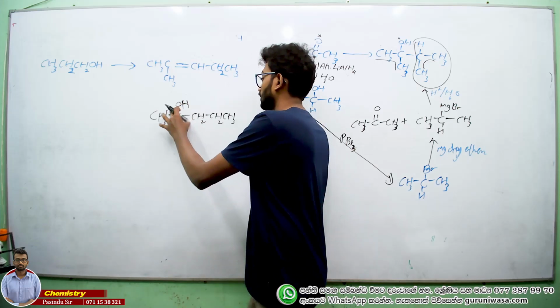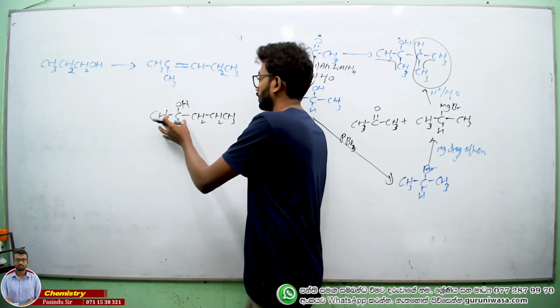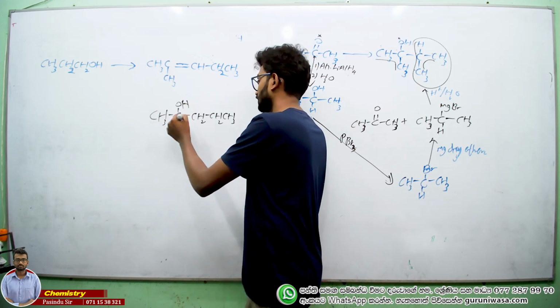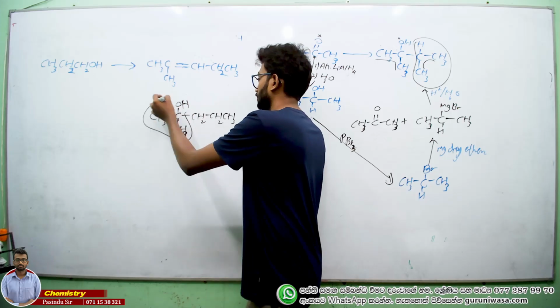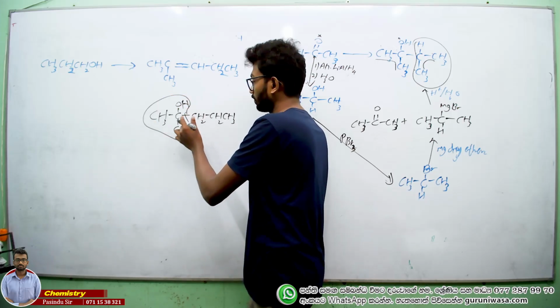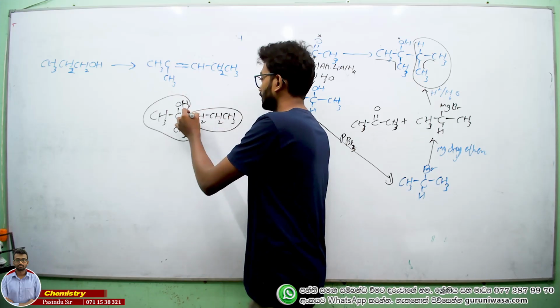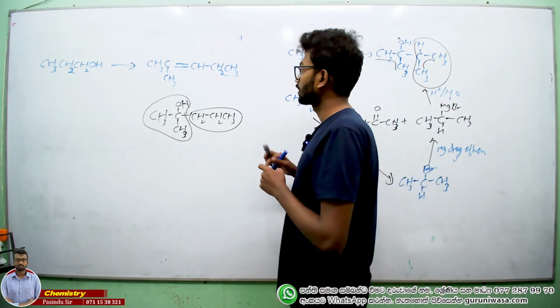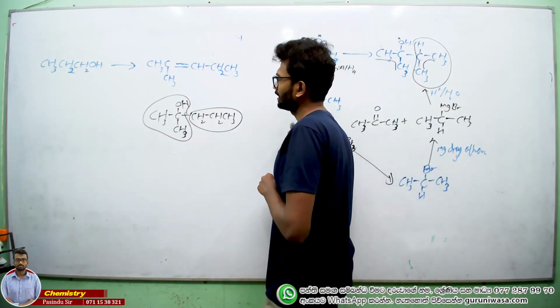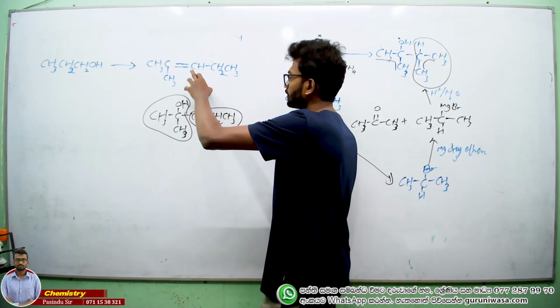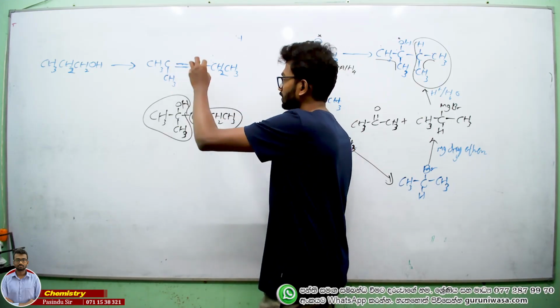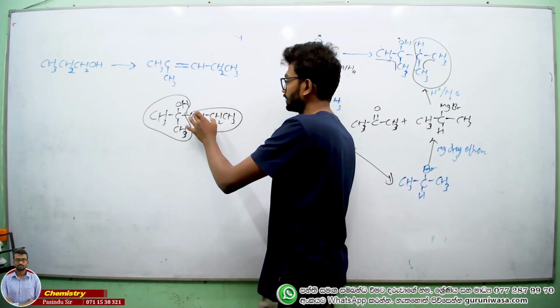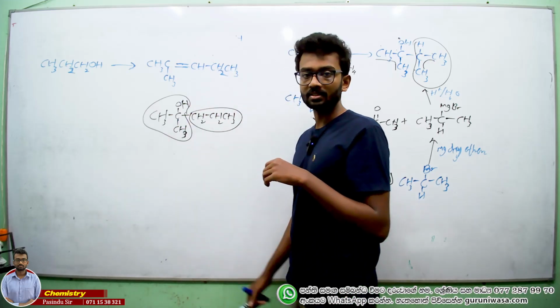So this is the ketone part and this is the aldehyde part. Again, the same thing: if you think previously the OH group was present here, again you can do the same thing, right?